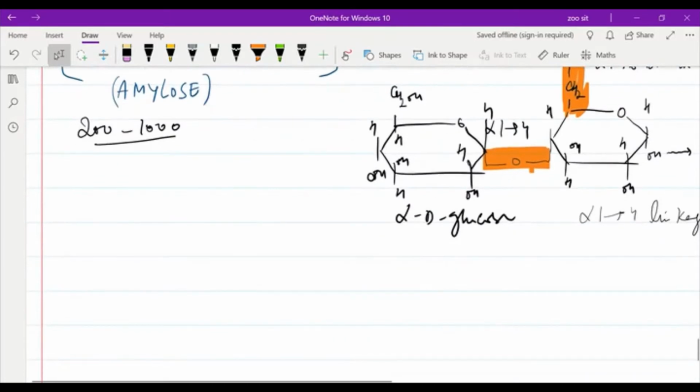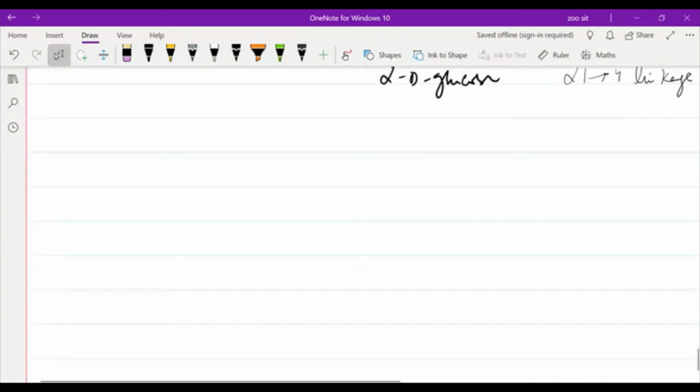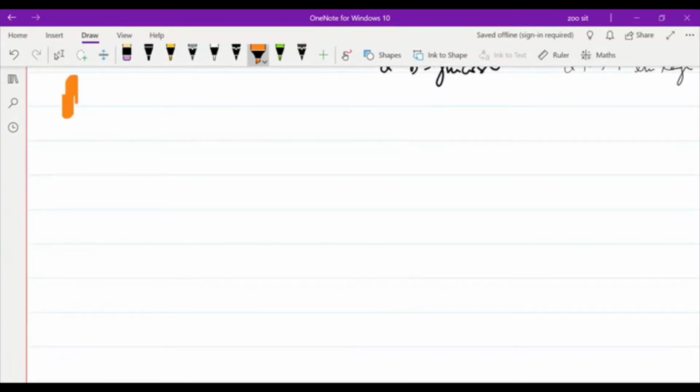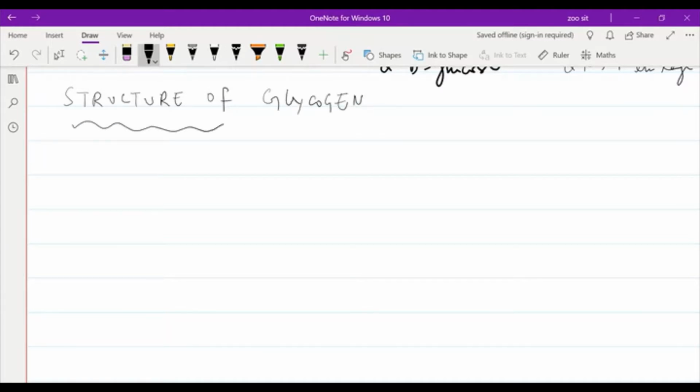Now we'll take up the structure of glycogen. Glycogen is also called animal starch.